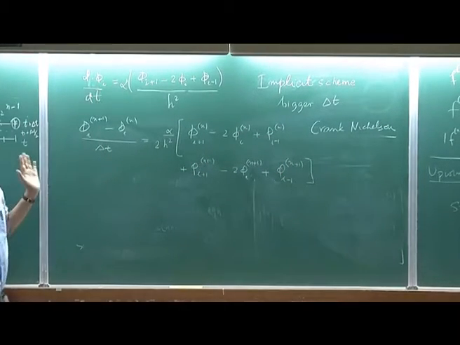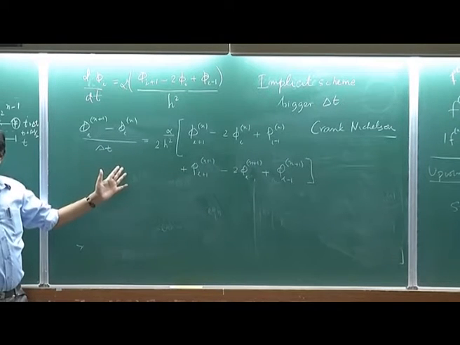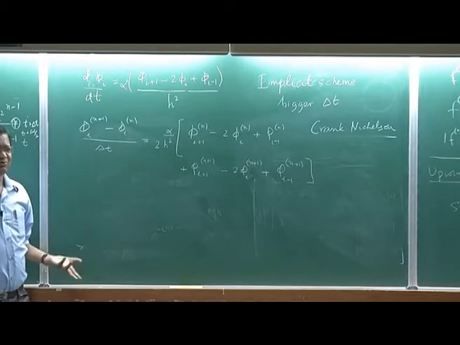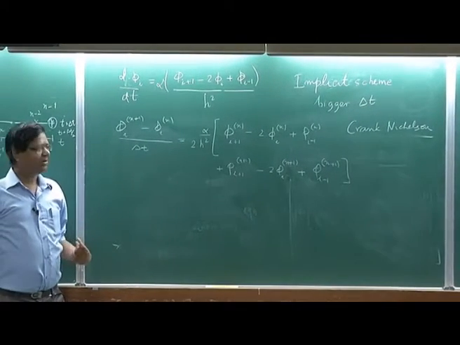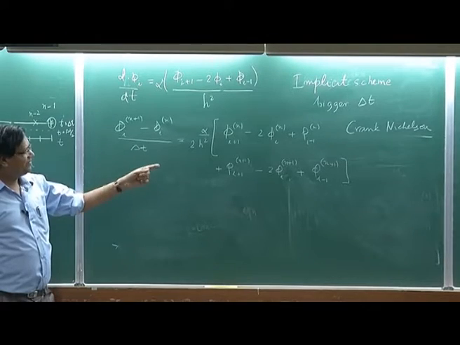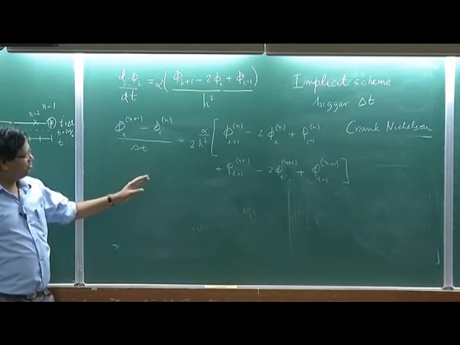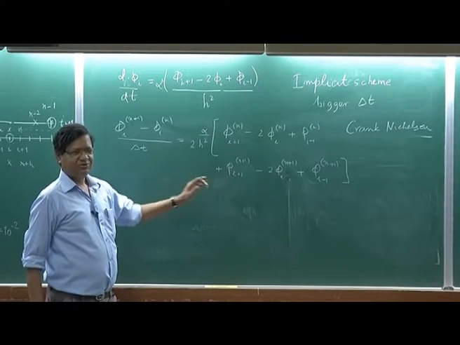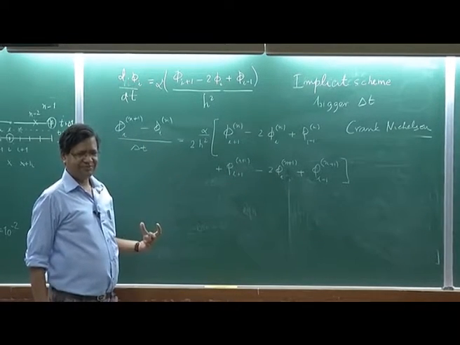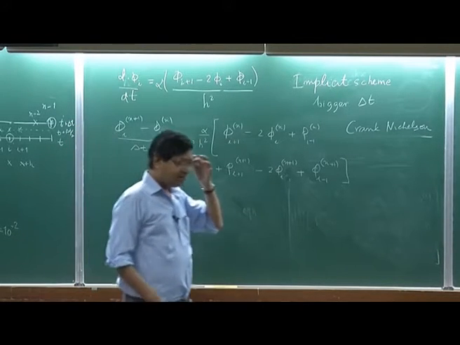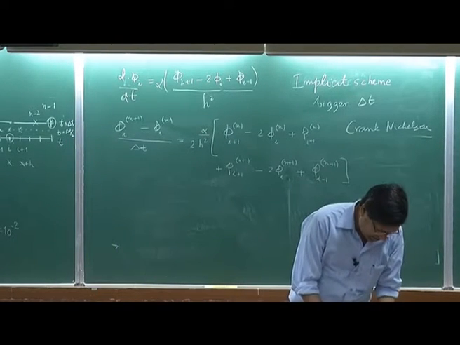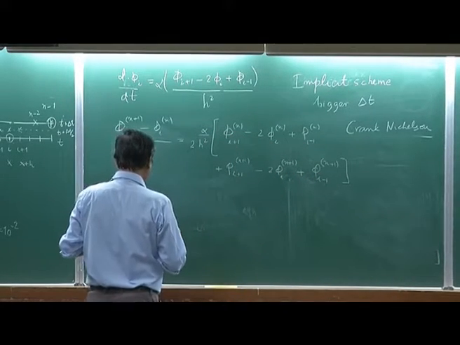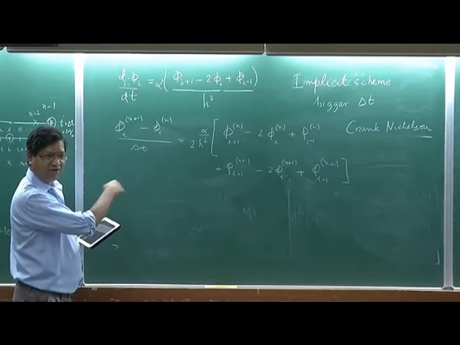Now, of course, this equation is a linear equation, there is no phi squared, and you think that you should be able to solve it. But now, if I rearrange it, there is a n plus 1. So, unknown is in terms of unknown. So, it turns out it becomes a matrix. Okay. So, this equation looks like, okay, now I do not want to write all the forms.